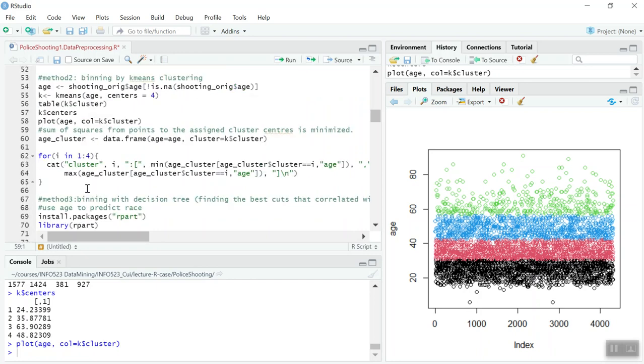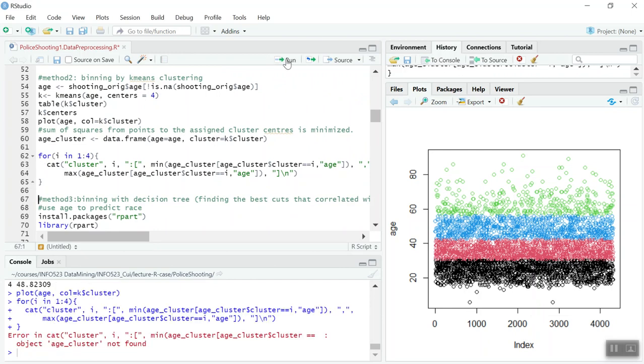And now, to see the exact range, we can actually do this. Oh, sorry, I need to run this first.